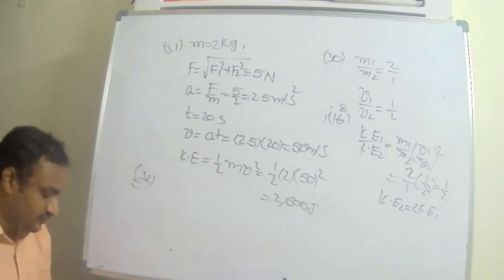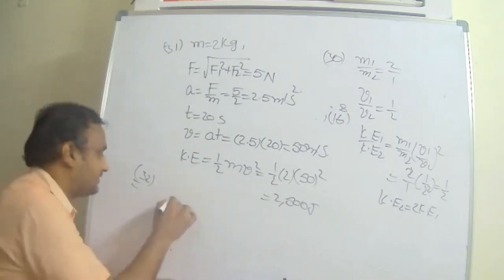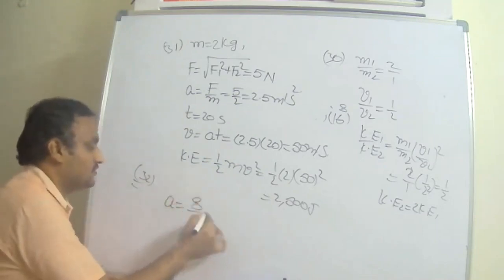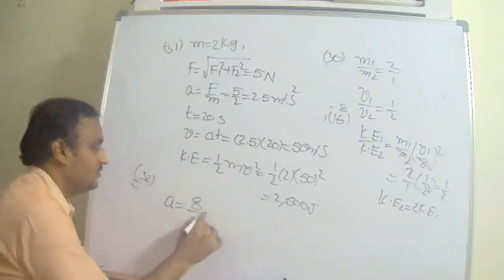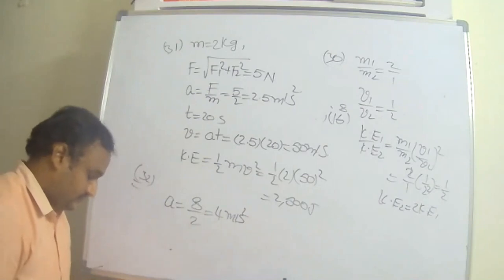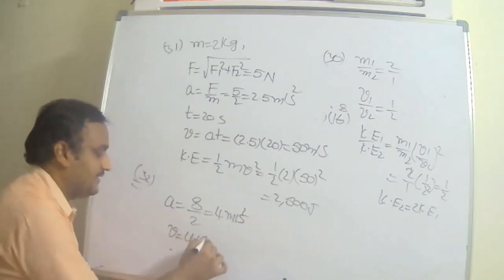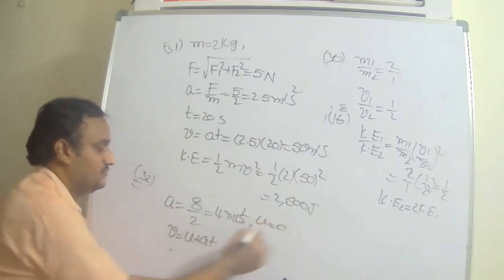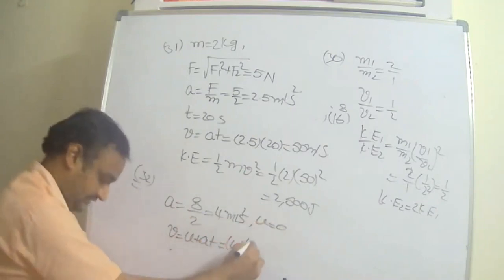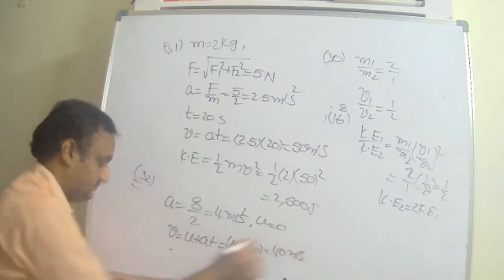A force of 8 newtons is applied on a body of mass 2 kg at rest for 10 seconds. Its kinetic energy. So acceleration will be force by mass, 4 meter per second square. So velocity ఏమవుతుంది? u 0 కాబట్టి u 0 at, 4 into 10 seconds. So 40 meter per second.